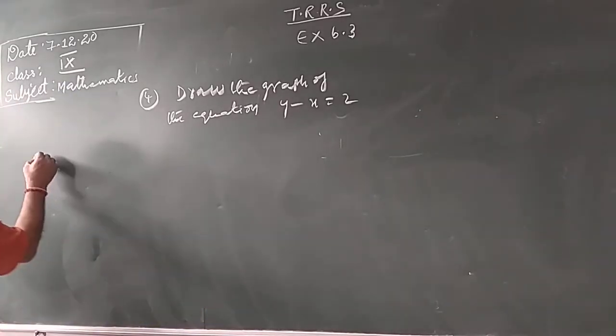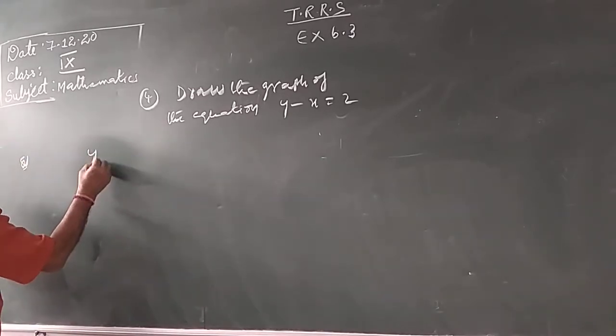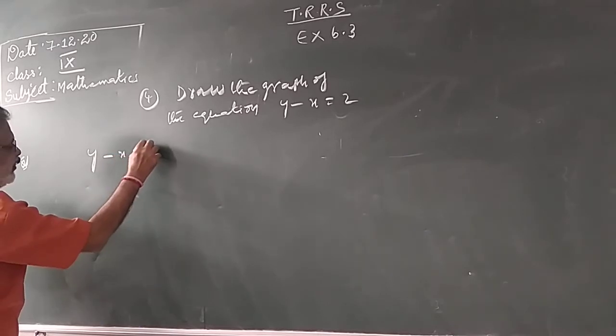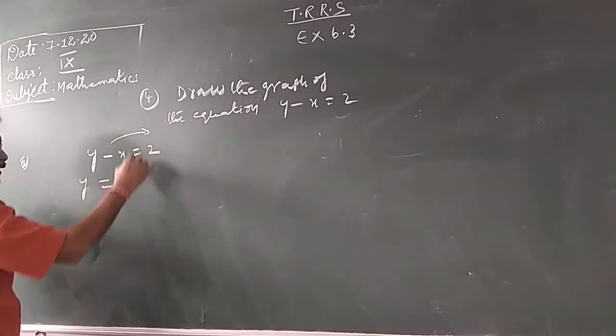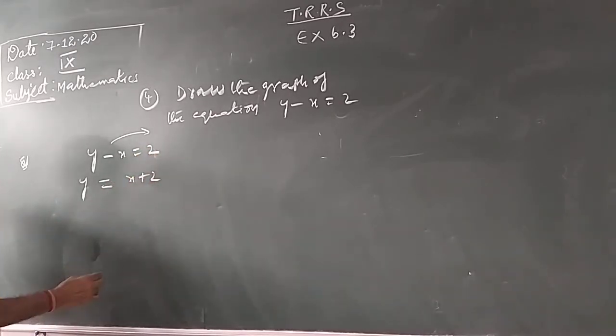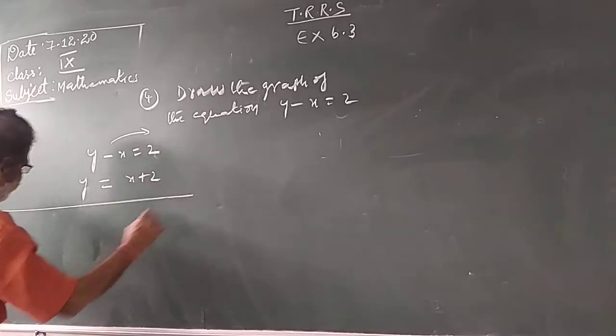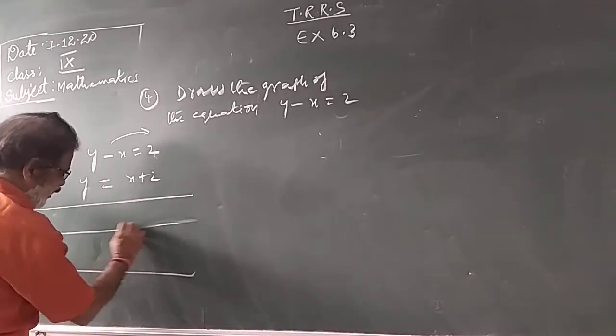First, you need to write it in the form of y is equal to. Y minus x equal to 2, you convert in the form of y is equal to. Shift minus x to the right side, it becomes plus x. On the right side, plus 2 is there. So y is equal to x plus 2. Take positive values and negative values, like that.